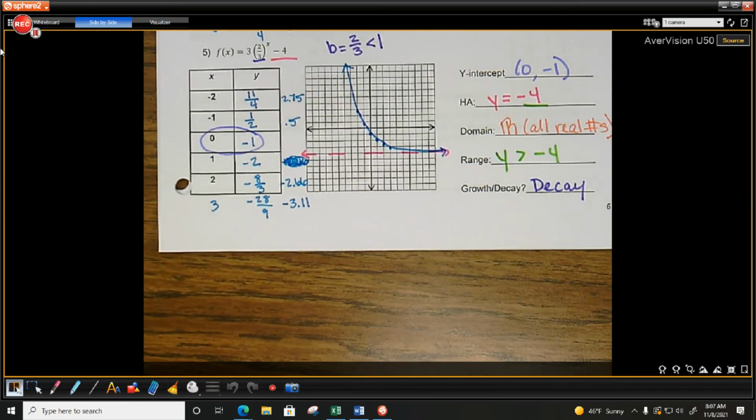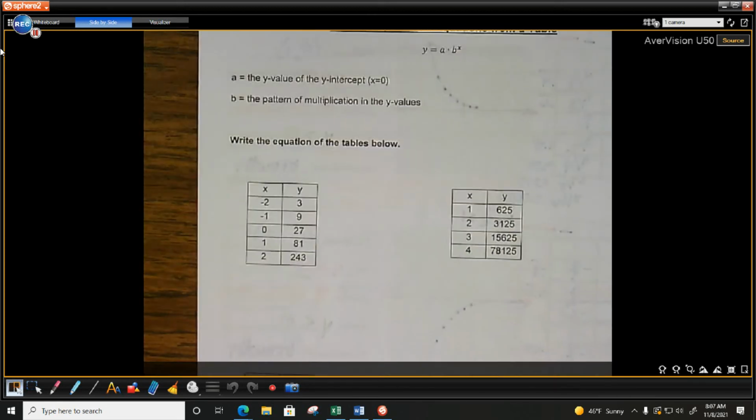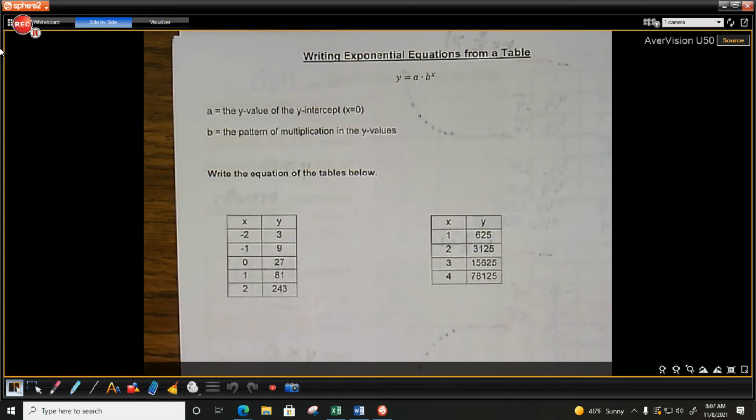Okay. Now, we started the lesson by saying exponential functions are just geometric sequences. So when we wrote our geometric sequences, we needed our first term and our multiplier, our rate. Same exact thing when we are writing our equation from a table. For our exponential functions, we need our beginning value and we need our multiplier. So we're going to use the equation y equals a times b to the x power.